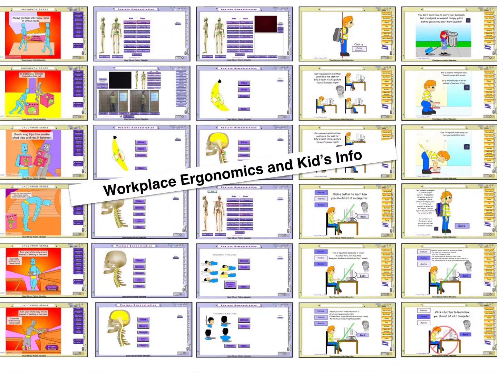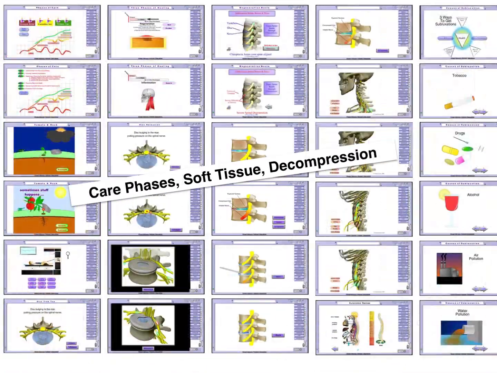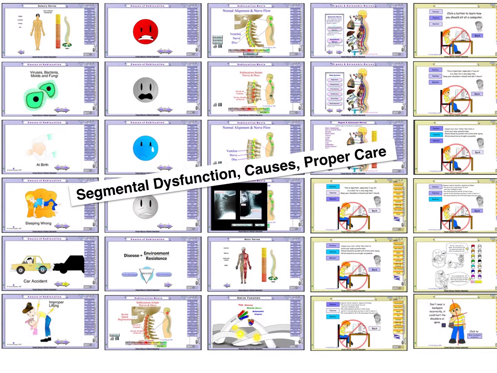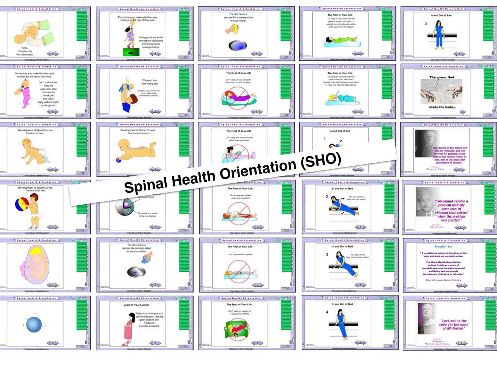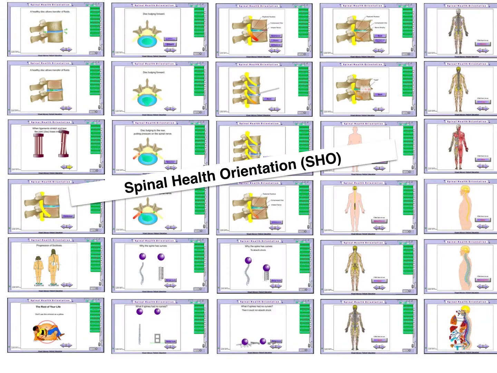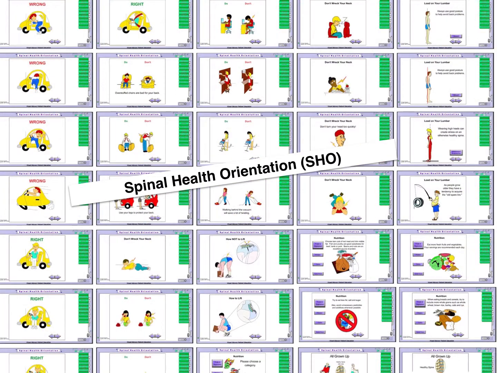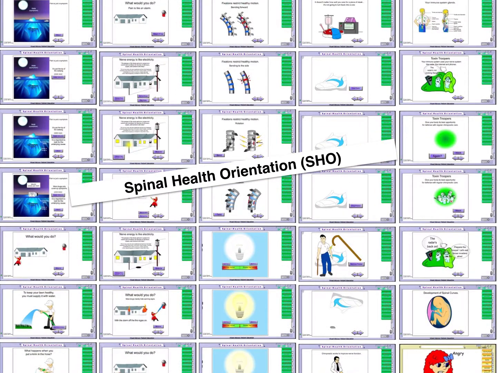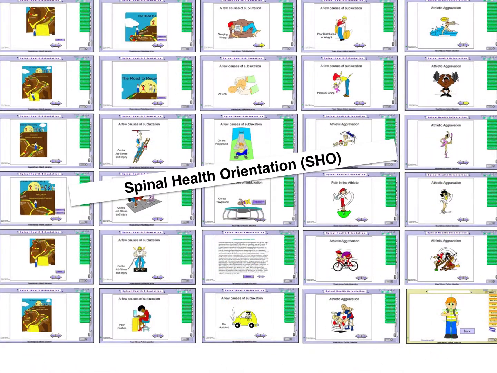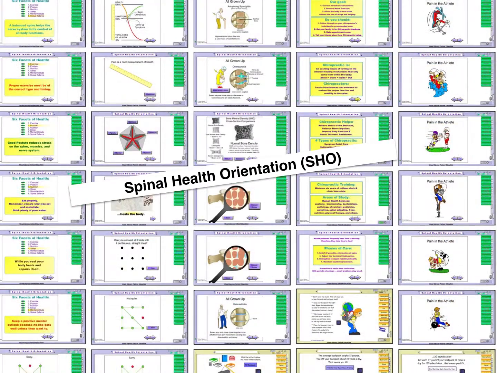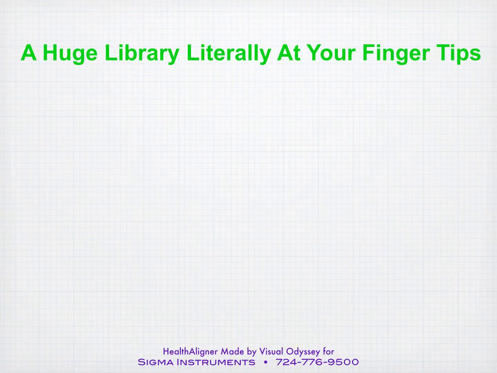This huge library helps you talk about ergonomics and back safety issues, an issue for children, as well as phases of care and soft tissue and decompression and segmental dysfunction and causes of that and proper care. And then we have our entire spinal health orientation series so that you can jump right to a particular page and let them understand what it is you need them to understand.